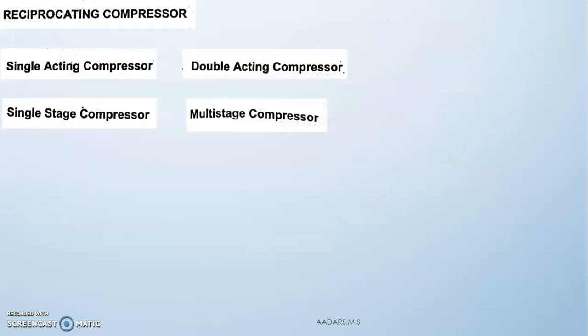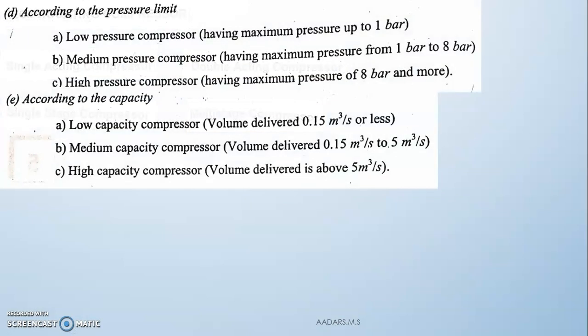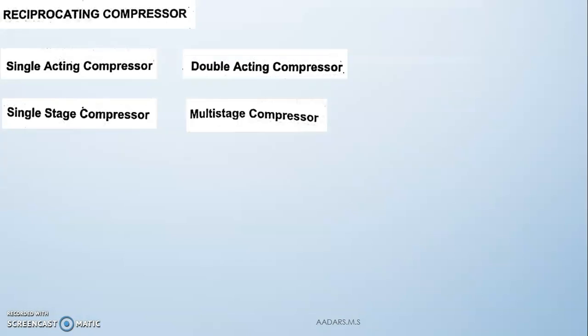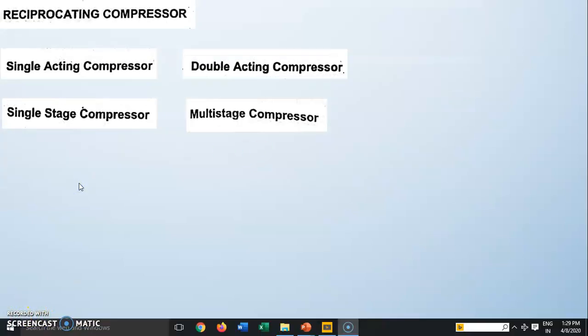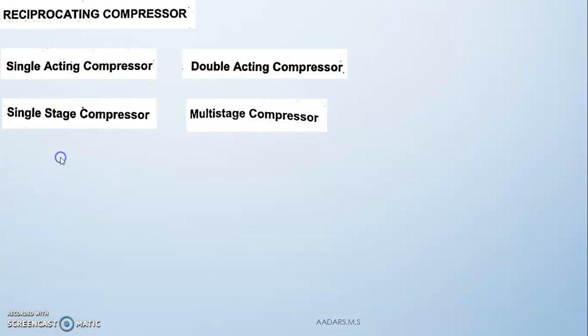This is all about the classification of the compressor, and now we'll be dealing with the reciprocating compressor. Again, we have two classifications, based on single acting and double acting, and based on the stage we have single stage and multi-stage compressors. We have already gone through the indicator diagram of the reciprocating pump.